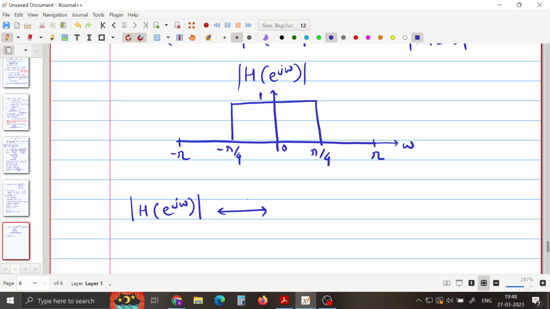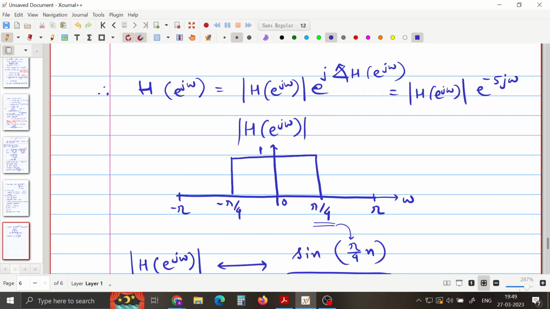If you take its inverse DTFT, you will find that this is actually sine pi by 4 n by pi n. Pi by 4 is the threshold here. Had it been some omega c, we would have got sine omega c n by pi n. It's just as simple as that.